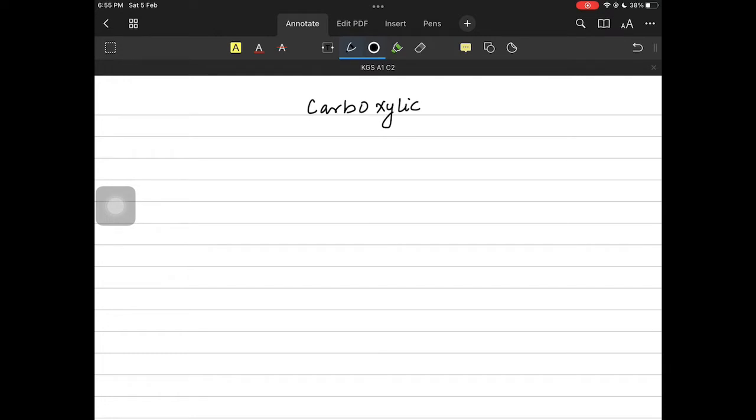Let's recall the idea of why we call it a carboxylic acid in the first place. So we should know they are weak acids. If we have gone through the videos on acid-base chemistry, we would remember what a weak acid is.